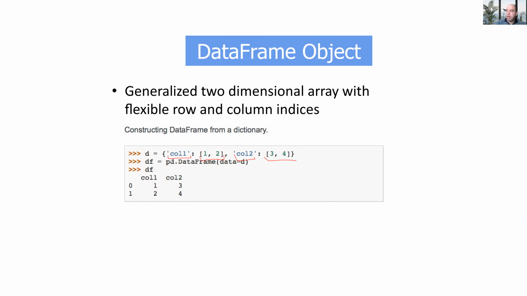And now if we say I want a data frame from this data, what I get is a table with two series, and two indexes or two indices. So the series come in columns and the indices come in rows. Very simple.